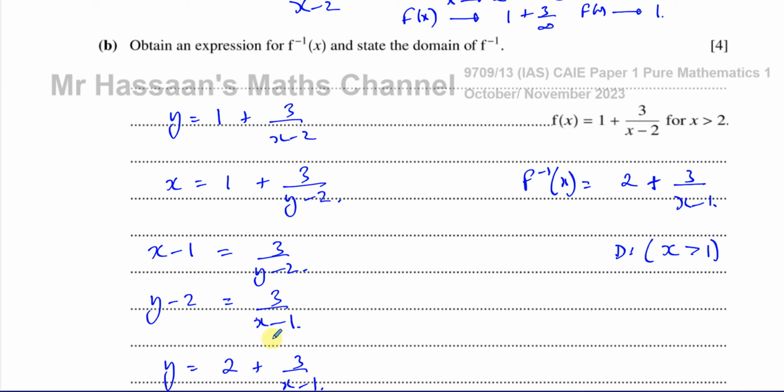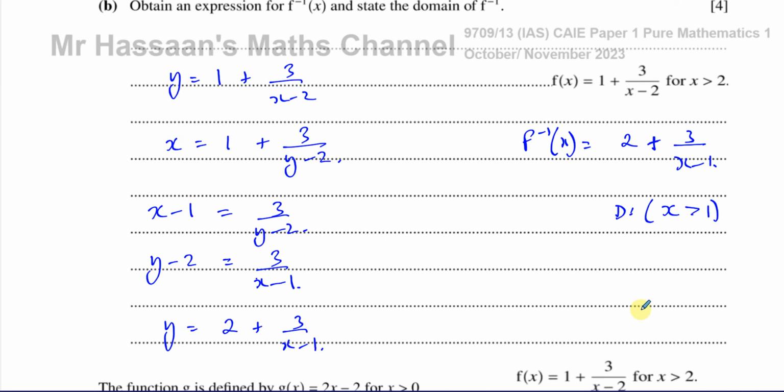Now, some people actually did some silly things. For example, some people wanted to make y the subject, and at this stage over here, they said let's multiply both sides by y minus 2.